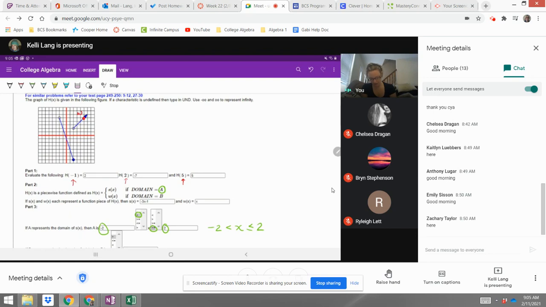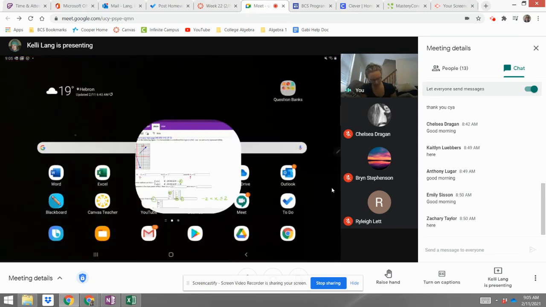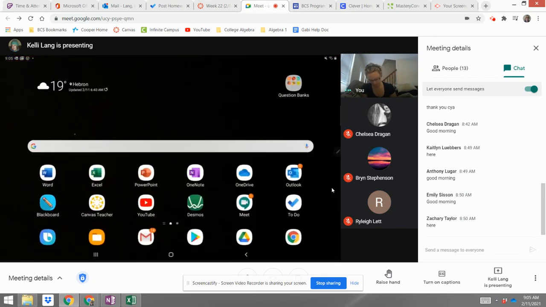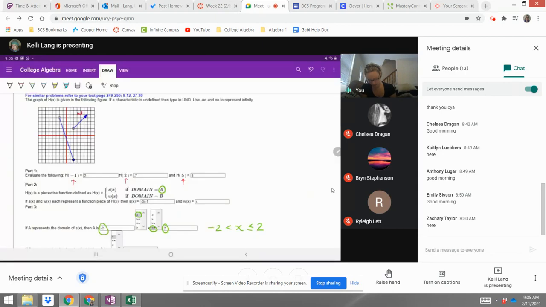Okay, now let's look at the domain for w. The x values for w are going to start at +2 and go all the way up to infinity. However, +2 is not going to be included in that domain because it's an open circle.